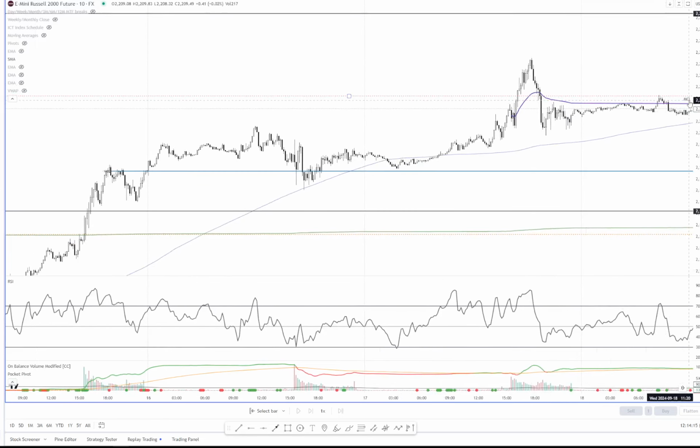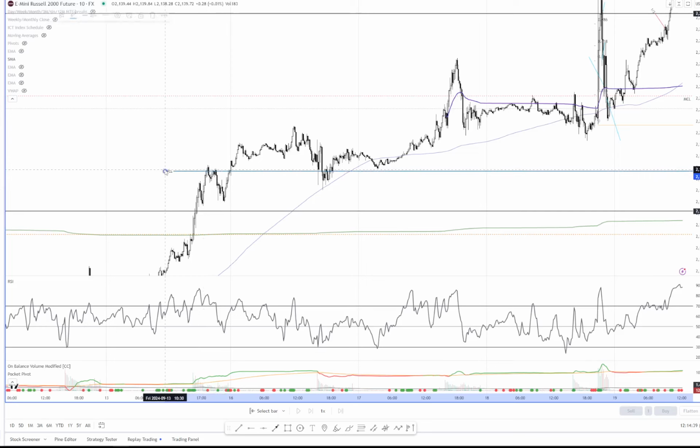My weekly close actually is probably this one. Yeah, you can see it out here. I'll have that as a blue line, a straight line, a trend line I think. Anyhow, the monthly close is dotted.